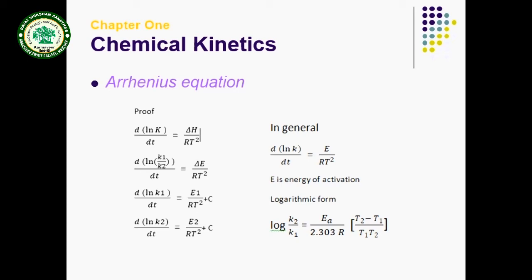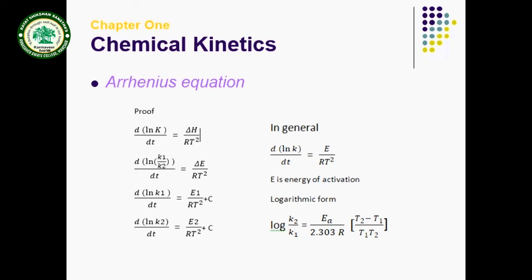Here E is the energy of activation, and the logarithmic form of it can be obtained by integrating this equation. Integrating this equation from initial temperature T1 to final temperature T2, the corresponding value of reaction rate constant at lower temperature is k1 and at higher temperature is k2.